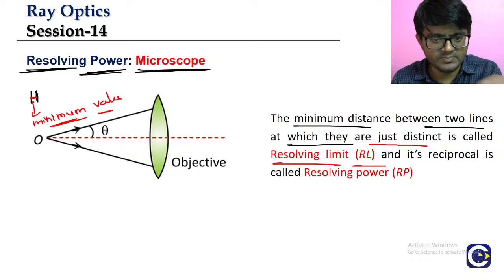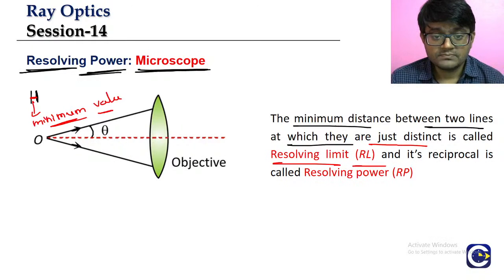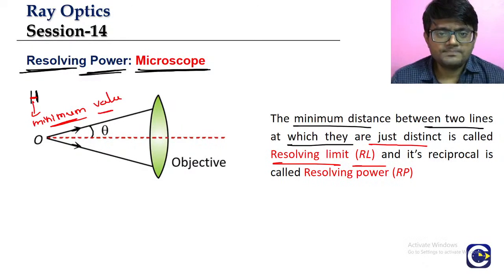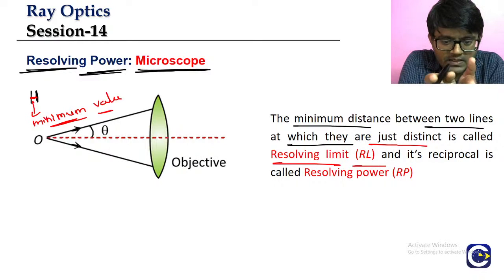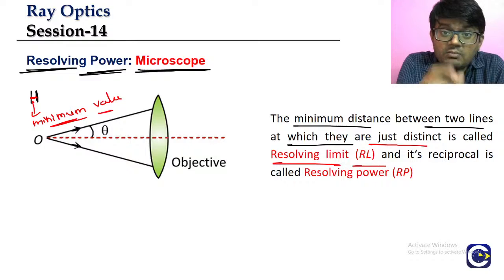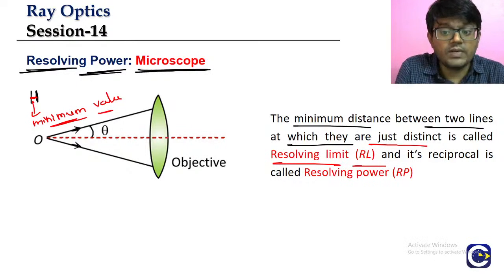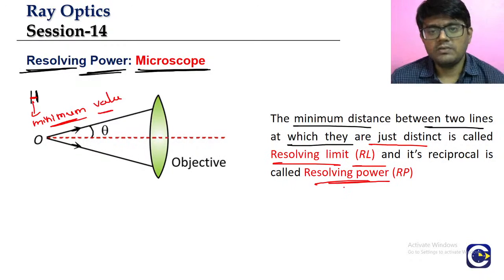Generally we represent this by the notation RL. Understand what will be a better microscope: if the distance between the 2 lines is even smaller and you are still able to clearly give distinct images, that is a better microscope. So we talk about the resolving power as the reciprocal of this resolving limit.